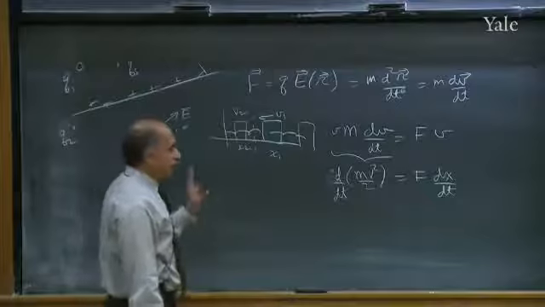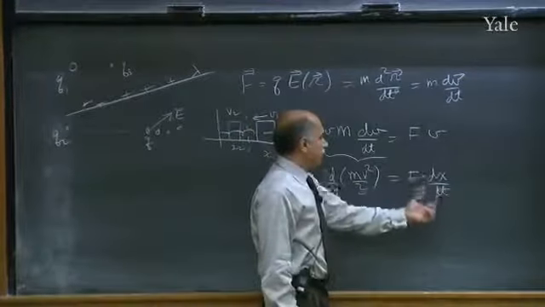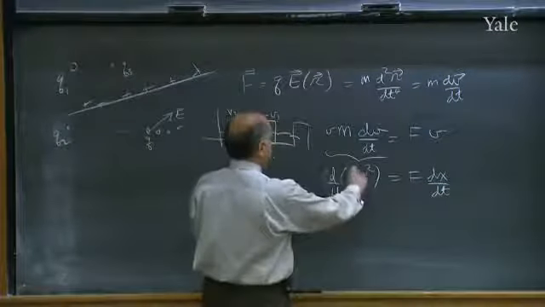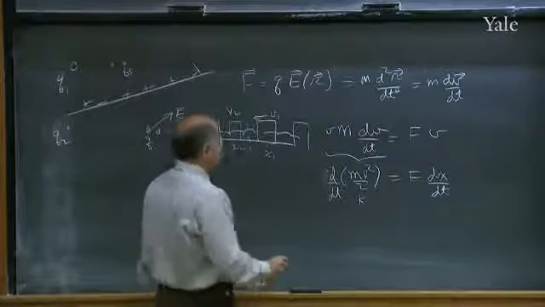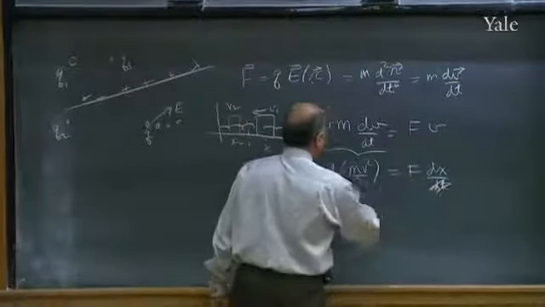This means in every tiny instant of time, the force times the change in the position is equal to the change in this quantity, which we know is called kinetic energy. So if you multiply both sides by dt, then you find this relation.